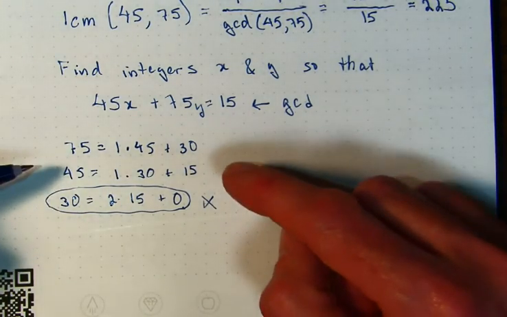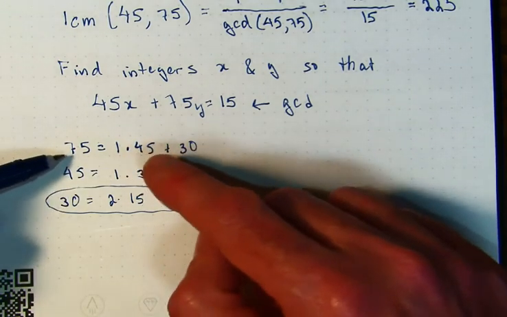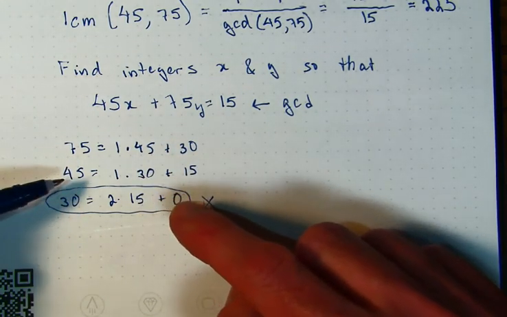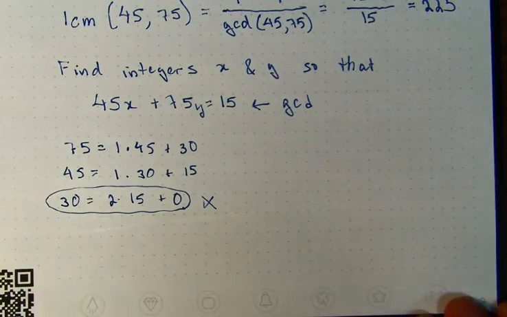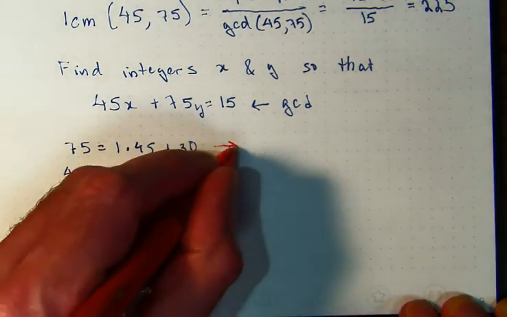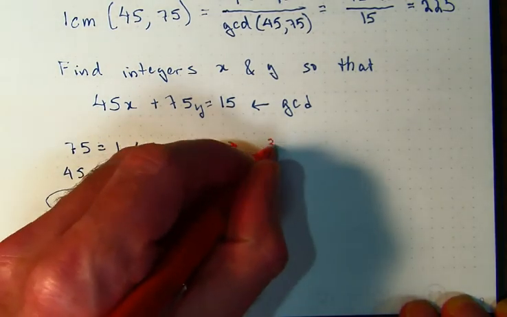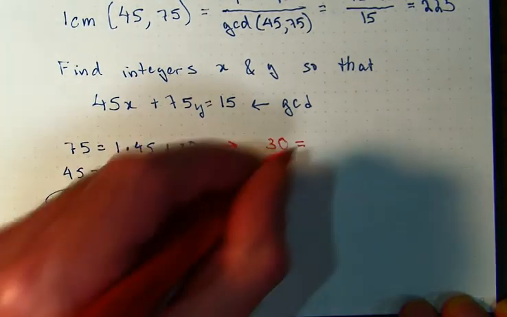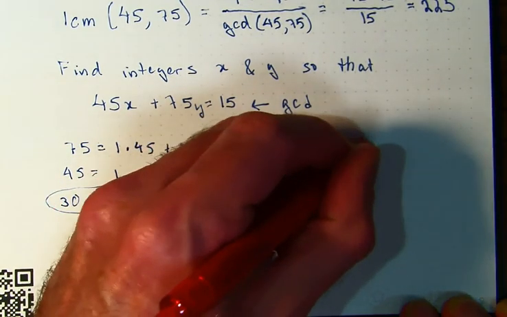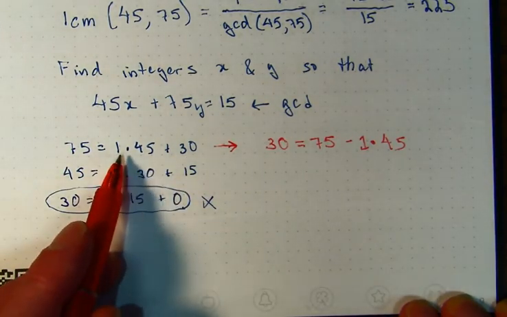Okay, now what I do is I want to write every line in terms of 45 and 75. Okay, so this second line is in terms of 45 and 30. So what I want to do is use the first line to write 30 in terms of 45 and 75, and that's pretty easy. You can quote-unquote solve for 30 by subtracting over this term.